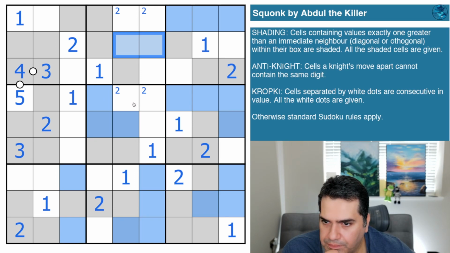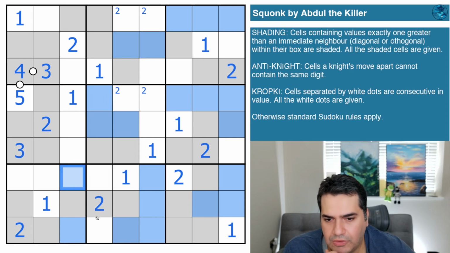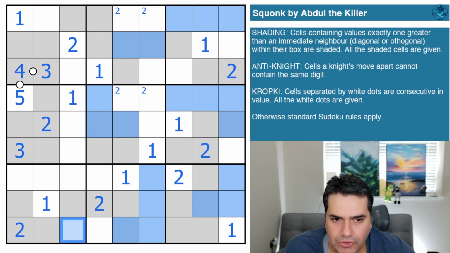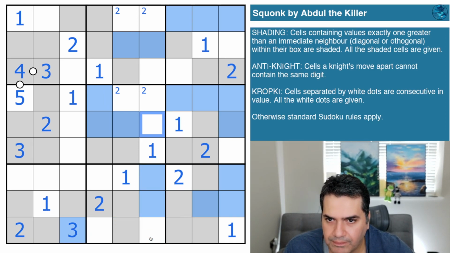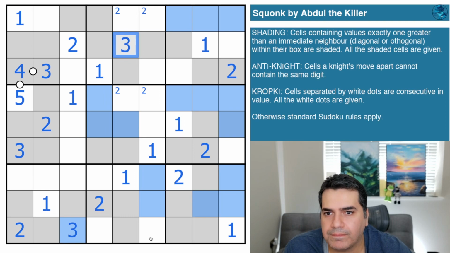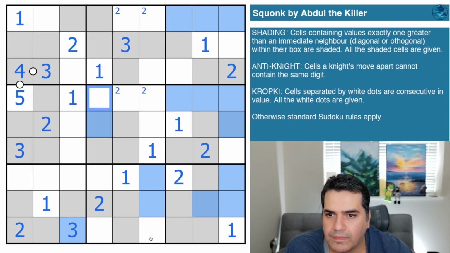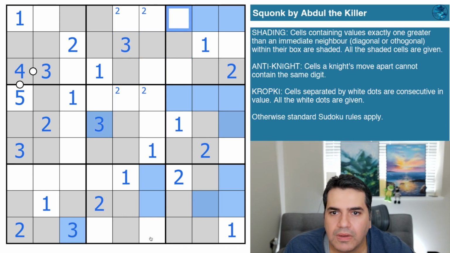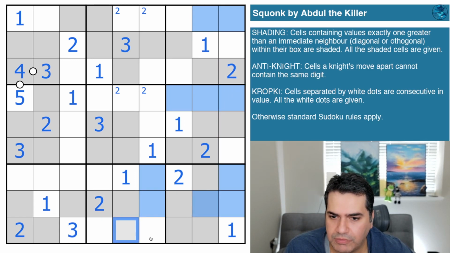Is there this 3? Look at that. I'm missing some fairly obvious things now. I think that's often the case with anti-knight constraints. Once you sort of get a few done, the puzzle collapses very quickly, a lot more quickly than you may imagine.